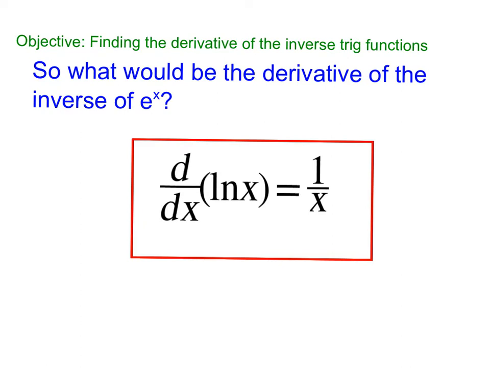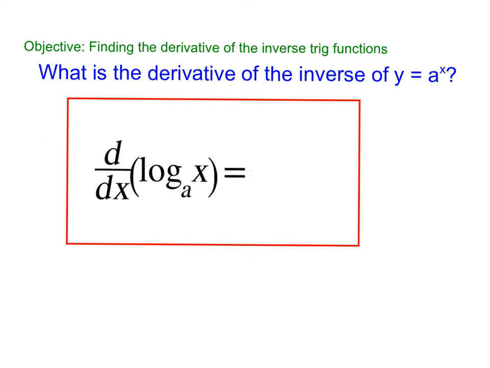The derivative of log base a is really similar if you remember the derivative of a to the x. We rewrote it, and then times ln of a. Very similar. The derivative of ln of x is 1 over x, and then in the denominator we have ln of a.